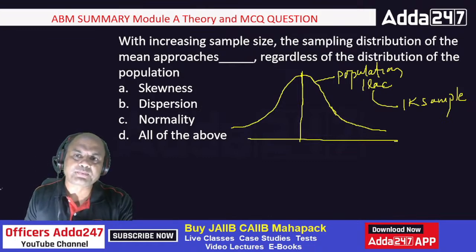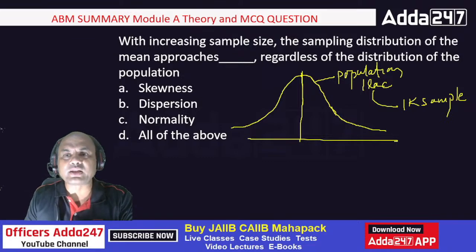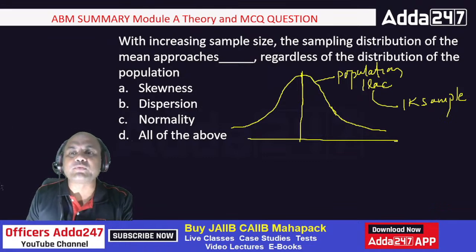I can't survey these 1 lakh people in one go, obviously. So I take a sample of 1000 persons, which might be distributed throughout the region. And then I find out the salaries and then I plot it.